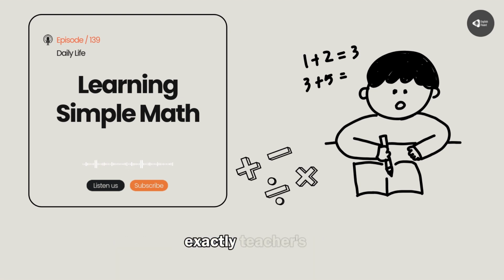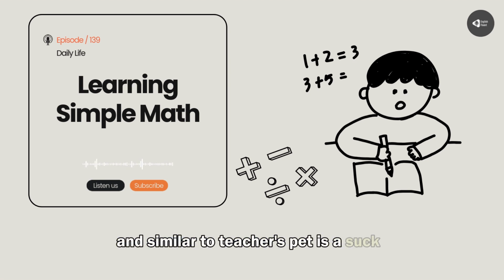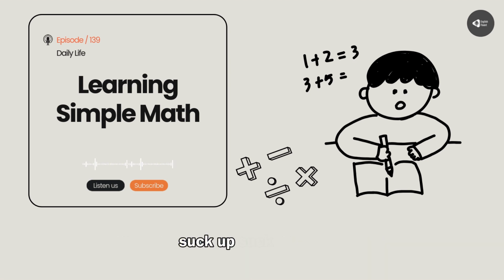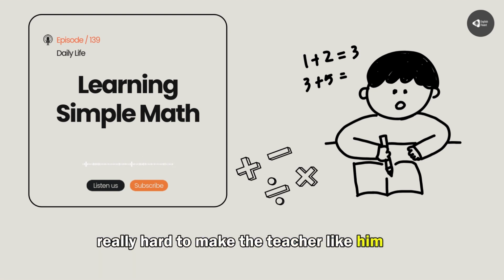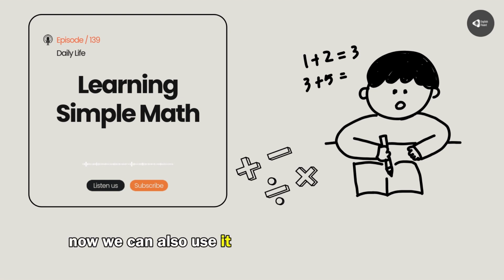Yeah, exactly. Teacher's pet. And similar to teacher's pet is a suck up. What is a suck up? A suck up is a person who tries really, really hard to make the teacher like him. Now we can also use it outside of the classroom, right? Yeah, at work, maybe.